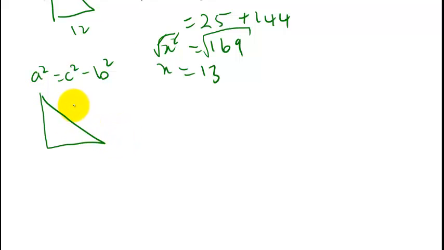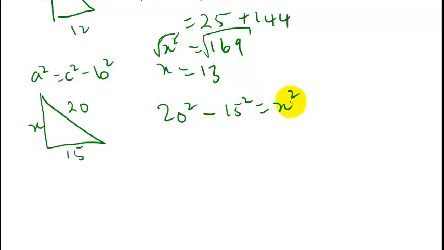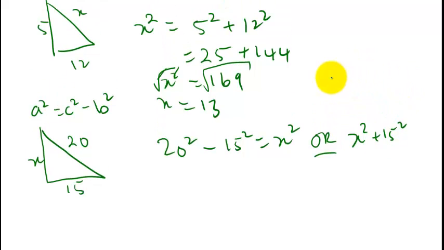So if I gave you this as 20, and I gave you this as 15, I want to find this now. 20 squared take away 15 squared equals x squared. That's what we just wrote here, right? The way I was showing it to you so you can understand it was x squared plus 15 squared equals the hypotenuse squared.